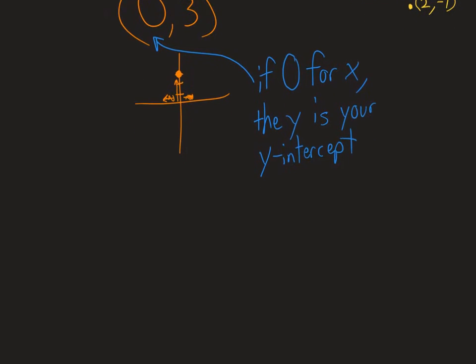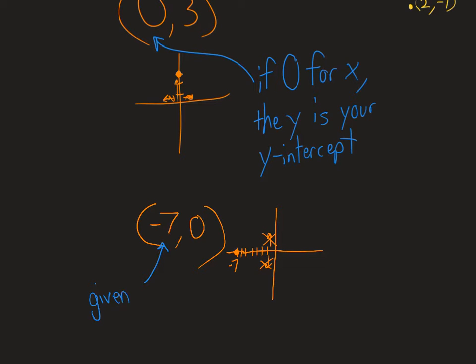This is also true in the reverse. If you guys were given a point like this, to graph that means we would go to -7, out there to -7, but a 0 value for y means we don't go up or down at all. It stays right on the x-axis, which means given a 0 for y, -7 is the x-intercept, okay?